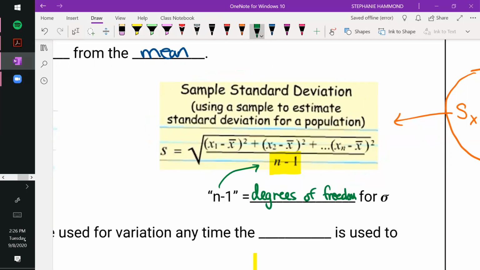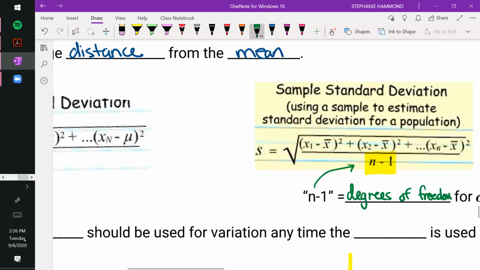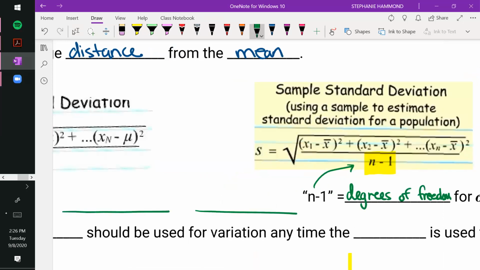And the reason why we divide by the degrees of freedom here instead of just the sample size is because when we take a sample, we are seeing less information than we do in the entire population. So think of it this way. In the population, maybe my mean is about here, and my data looks kind of like this.